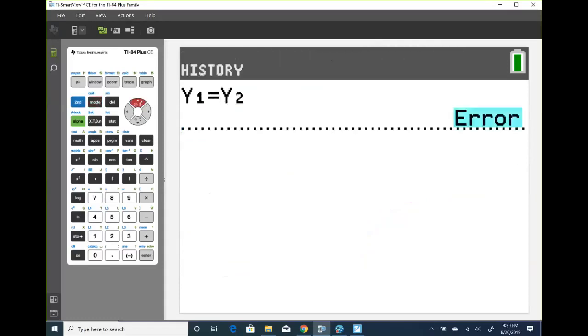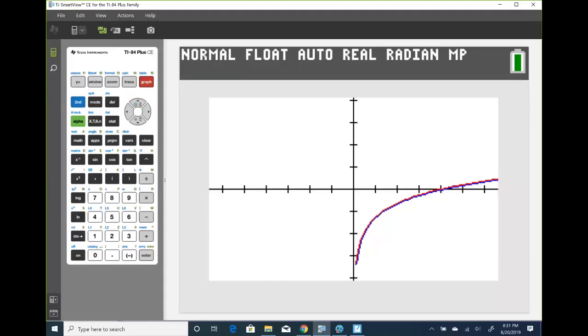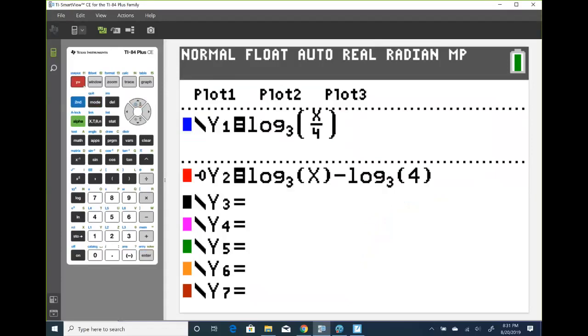Well, if they go to it now and hit enter, it comes up with a 1, which means that's a true statement. What the 84 does is, when it's evaluating a test function here, it will only test one number. It will test the last X value that it had here. So it's testing that one number, and yes, it is true.